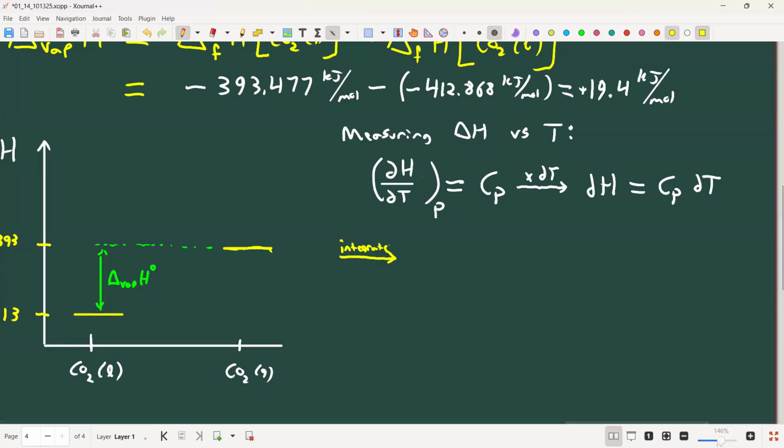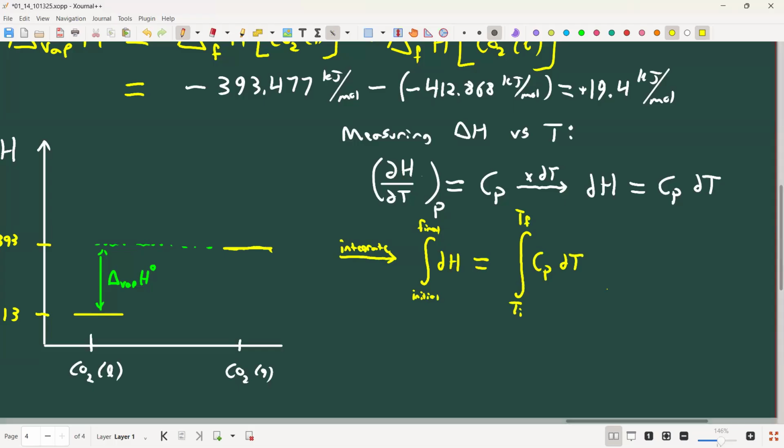I'm going to integrate from the initial temperature, which is room temperature, to my final temperature. So I have the integral from initial to final of dH, and that's going to be the integral from the initial temperature to the final temperature of the heat capacity times dT.